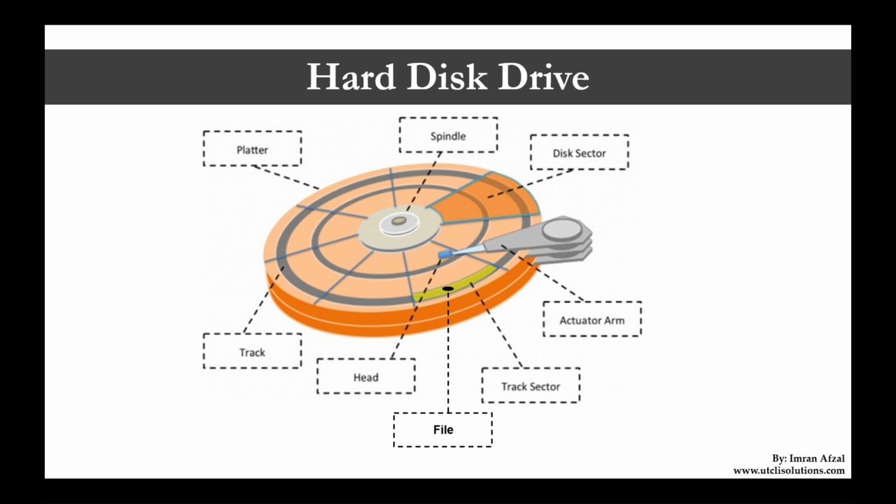It could be an image file, a video file, a regular text file, anything. They are saved little by little in chunks onto these track sectors. And if you are saving file 2, it is possible that it could go to the second platter, and the second arm will come into use to place that into the second sector. So that's how a hard disk works.